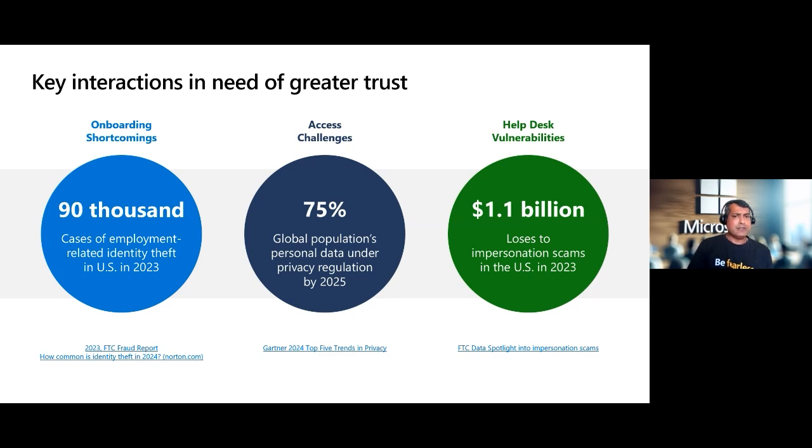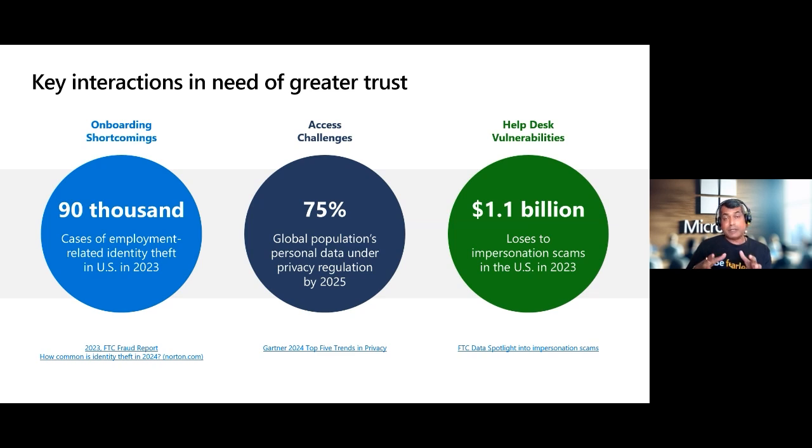The second one is access challenges. By 2025, so this year, 75% of the global population's personal data will be under some kind of privacy regulation. This means organizations must ensure secure access to personal data to comply with these regulations. And then lastly, help desk vulnerabilities.